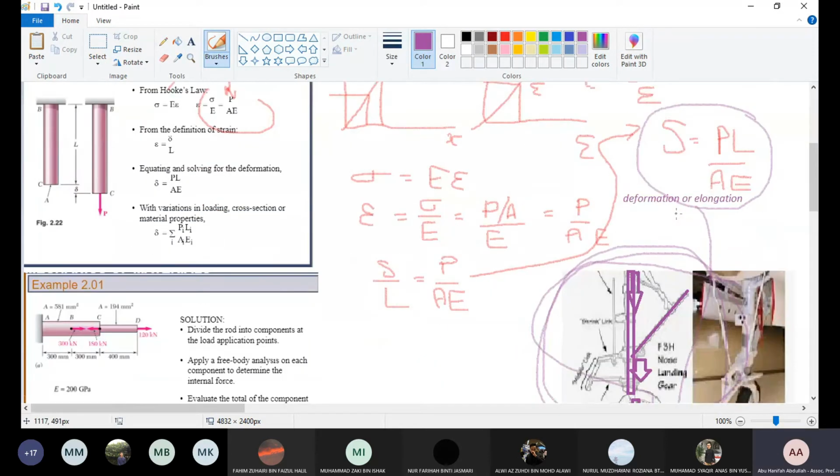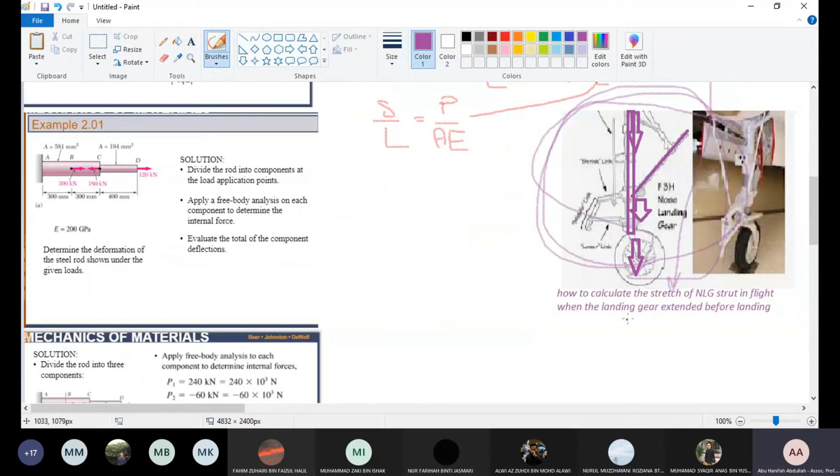Okay, remember we have here, we can calculate using this delta equal P, force, length over area times the modulus. You can calculate the stretch, how much landing gear has been stretched. Questions?